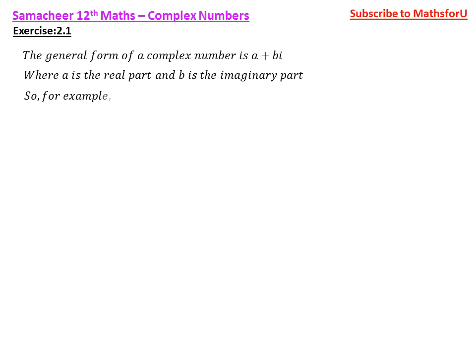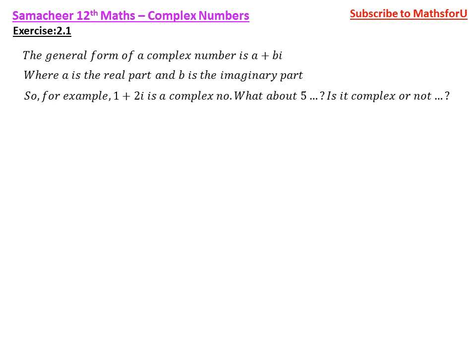For example, 1 plus 2i is a complex number. What about 5? 5 is a real number, but in complex form we can write it with the imaginary part, the b value, as 0. 5 plus 0i is a complex number.